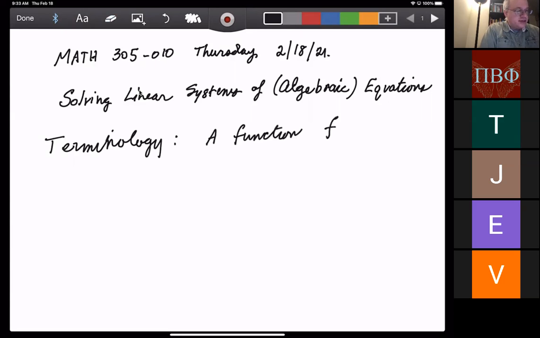So we say that a function f is linear if two things are true.